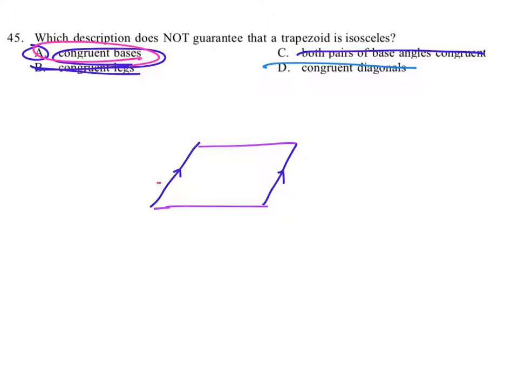If these two are both parallel and congruent, then we know that it's a parallelogram. You can't be a parallelogram and a trapezoid at the same time. Trapezoids have exactly one pair of parallel sides and not two. So congruent bases indicates that they're both parallel and congruent, making it a parallelogram, not a trapezoid. So that's impossible for that to be a thing that tells us it's an isosceles trapezoid. So no such thing as a trapezoid with congruent bases. Yeah, fair enough. Okay, so we're done.